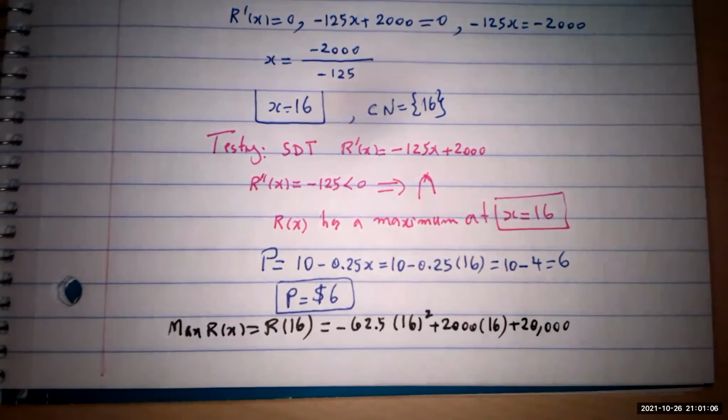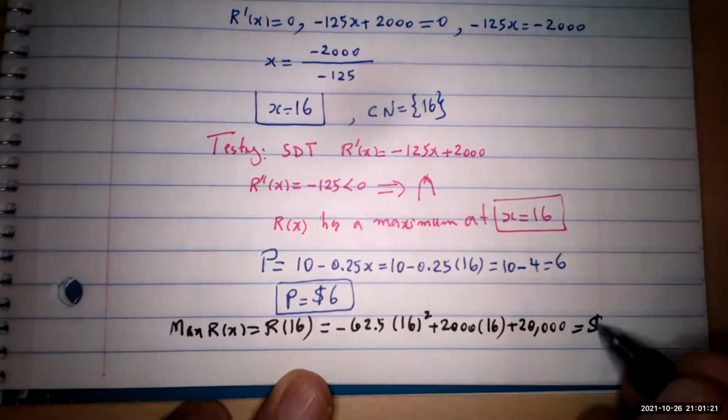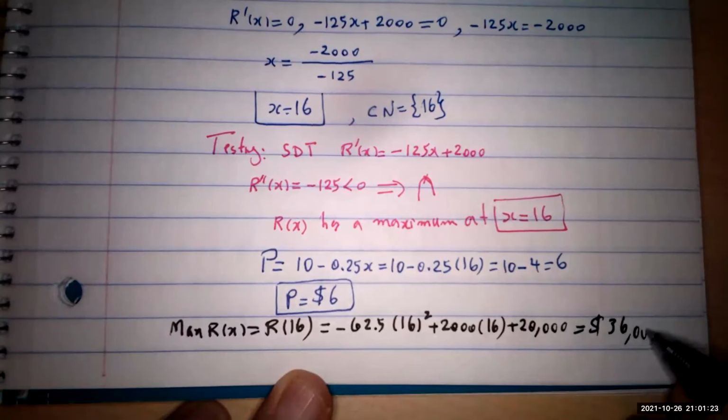Again, if they ask you to do it, you just go ahead and do it. You can use your calculator to get this number. I have something like 36,000. You can check it for yourself. So that gives you $36,000.